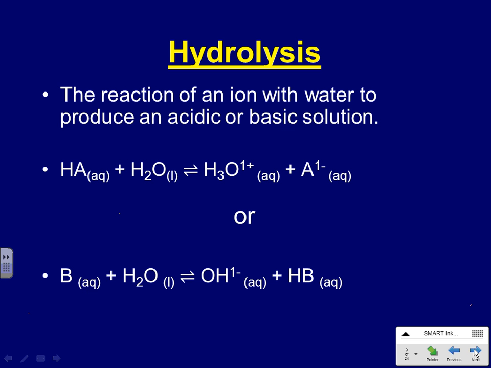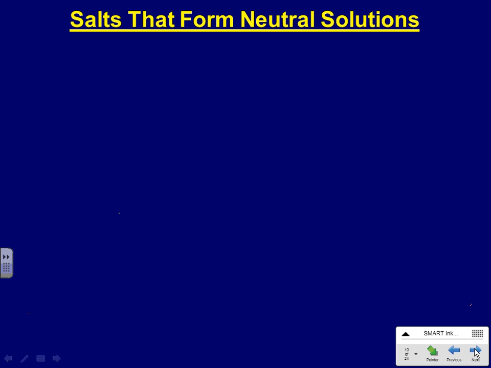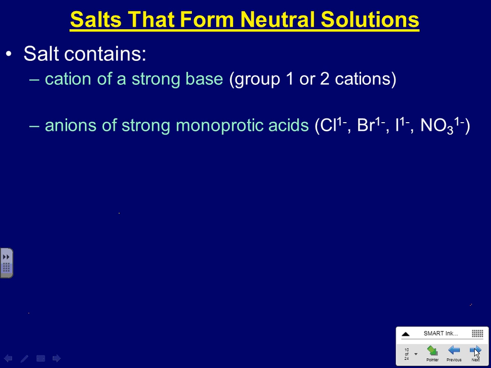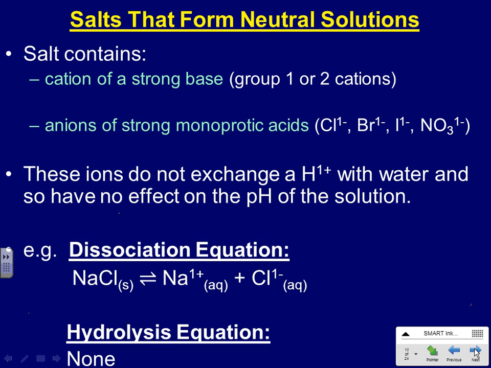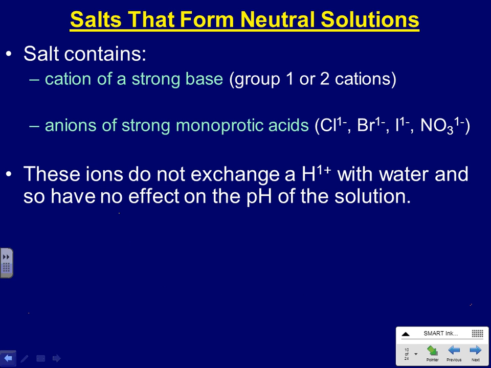Again, let's not write right away. I just want to take a look at the slides. Salts that form neutral solutions, yeah, you can write this down. And I'm actually going to do the examples here with you. Cations of a strong base.